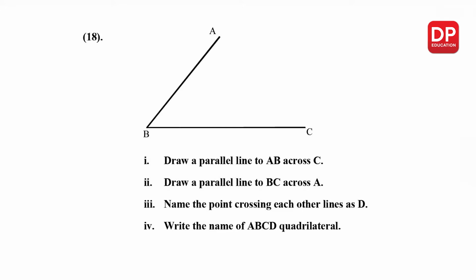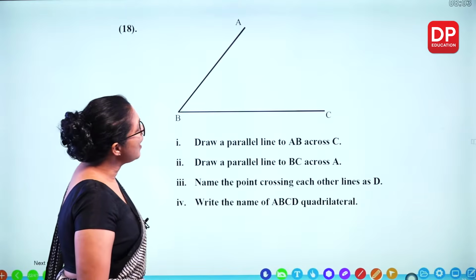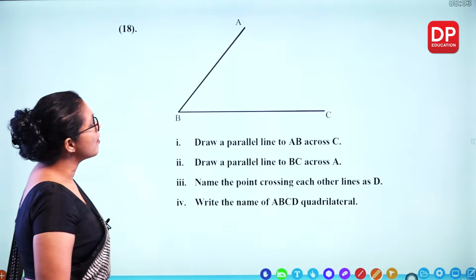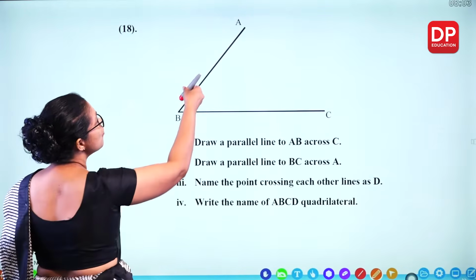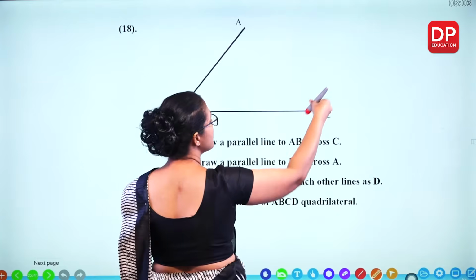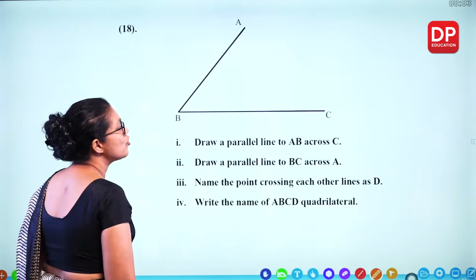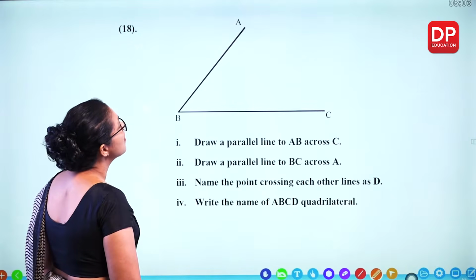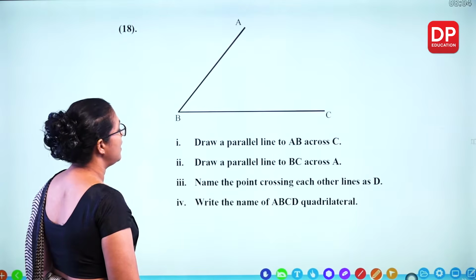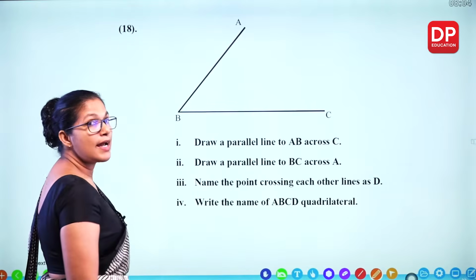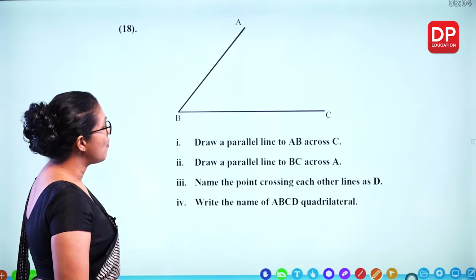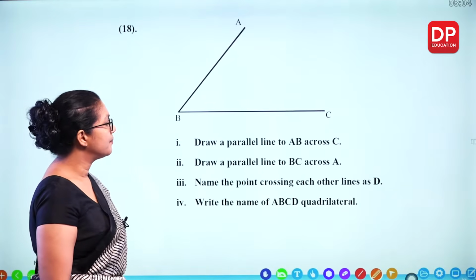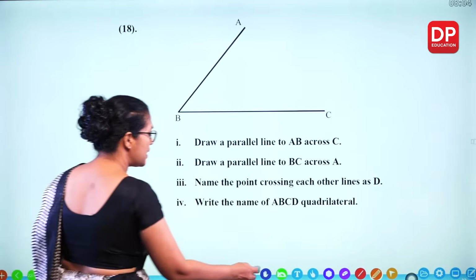We'll look at this question. Draw a parallel line to AB across C. So we need to draw a parallel line here across C. Draw a parallel line to BC across A. Name the point where the lines cross each other as D. Write the name of the ABCD quadrilateral. Okay, so we'll do that.